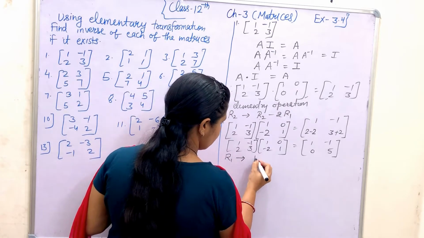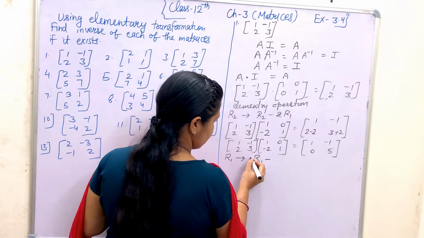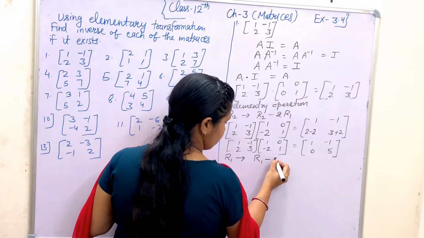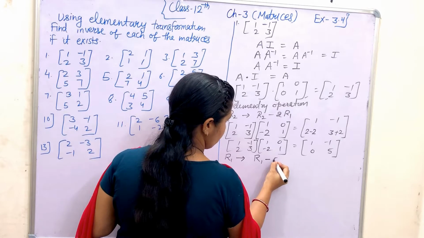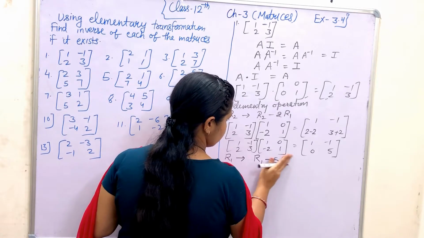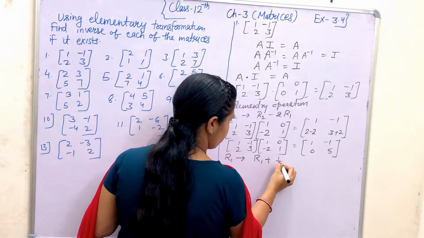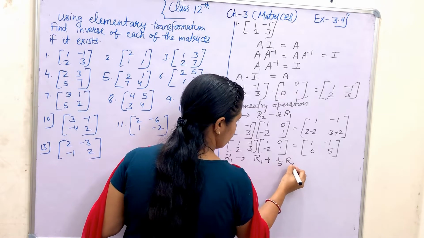How can we change? R1 minus of minus 1 upon 5 R2, or we can say plus of 1 upon 5 R2.